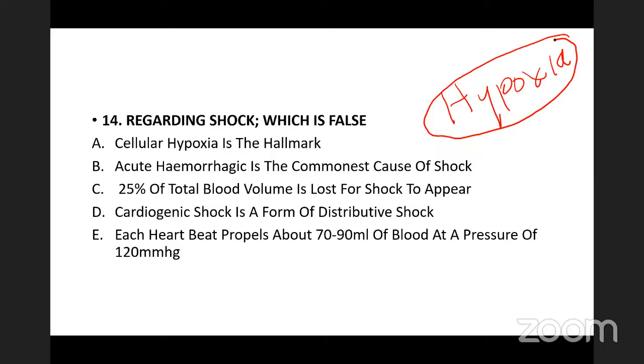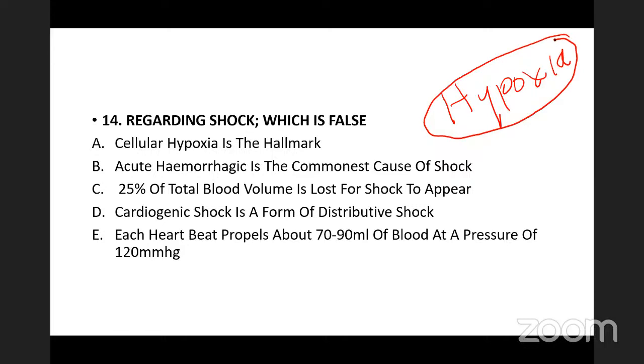Hemorrhagic is when you are losing blood, while non-hemorrhagic is losing extracellular fluid from vomiting, diarrhea, loss from an enterocutaneous fistula, and so on. Acute hemorrhage is the commonest cause of hypovolemic shock.